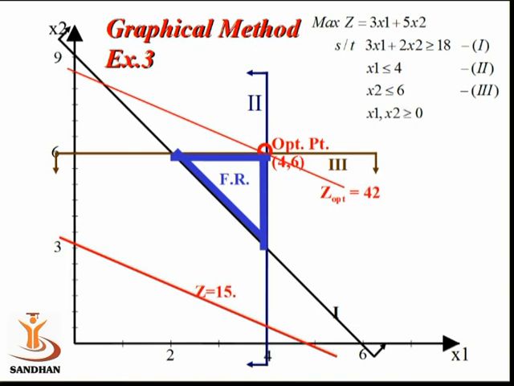Again I remind you of the important point of this example: we find the feasible region, pick up the objective function line, the isoprofit line, move it upwards such that it touches the corner extreme point, and obtain the coordinates of that; putting that in the objective function gives us the optimum solution.